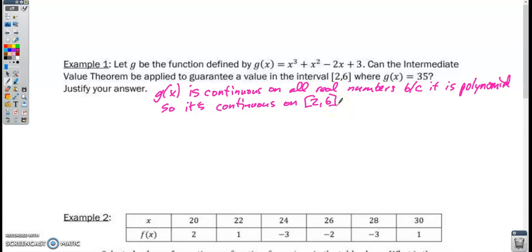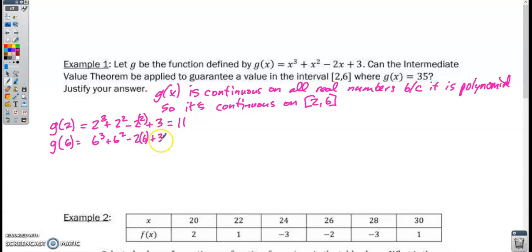Okay. g of 2 is equal to 2 cubed plus 2 squared minus 2 times 2 plus 3, that's a plus, which is equal to 11. And g of 6 is equal to 6 cubed plus 6 squared minus 2 times 6 plus 3.